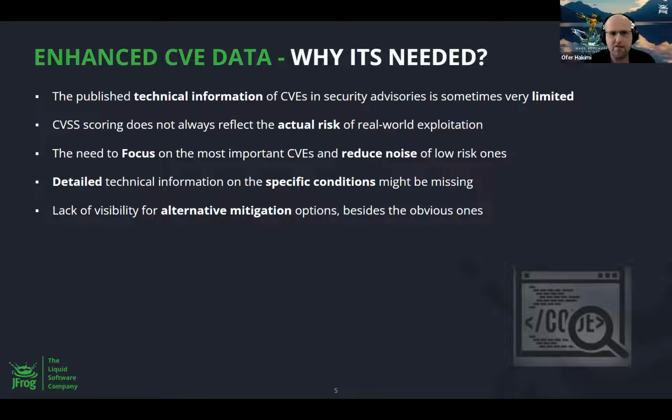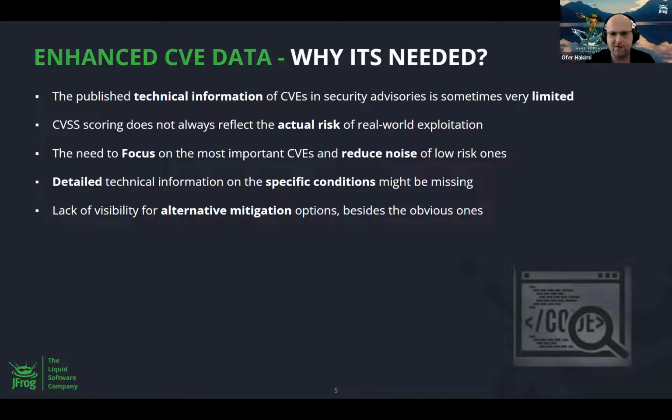And as you know, there is the CVSS scoring, but the CVSS scoring does not always reflect the actual risk of a certain CVE. In the real world, we can face changing situations that we need to highlight and explain better, to show what the actual risk is for a certain CVE.